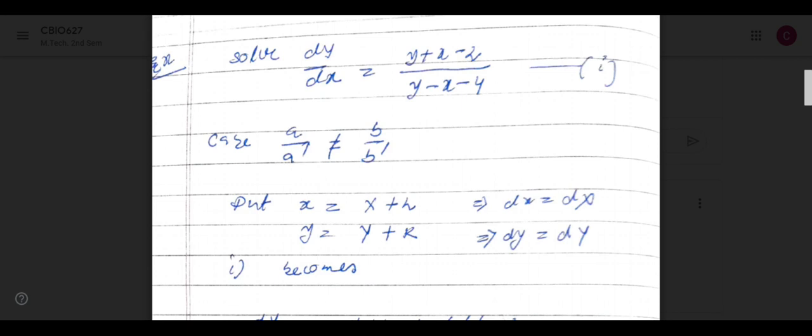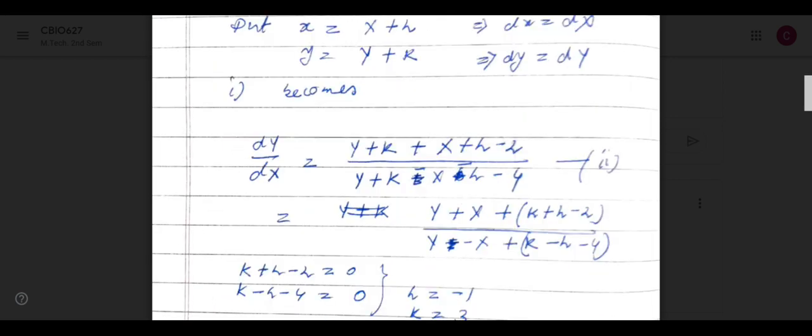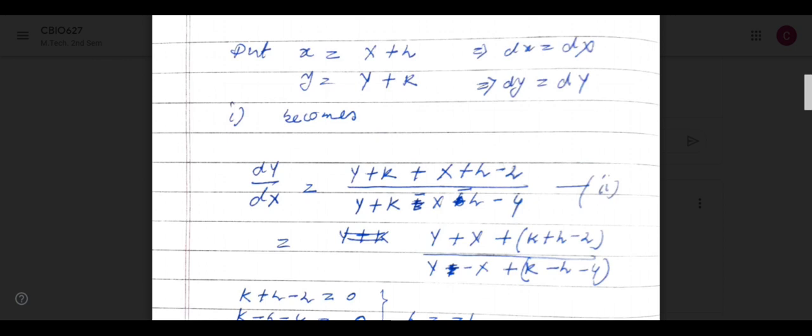If you differentiate x equal to X plus h, then we get dx equal to dX, because h is a constant, so that will be 0. Similarly, for y equal to Y plus k, that will be dy equal to dY.